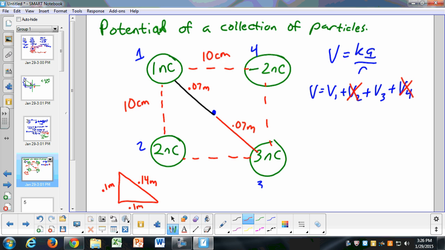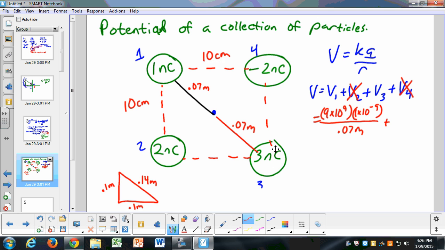So V1 is going to equal 9 times 10 to the 9th times 1 times 10 to the minus 9, divided by 0.07 meters. Not squared, it's not squared.